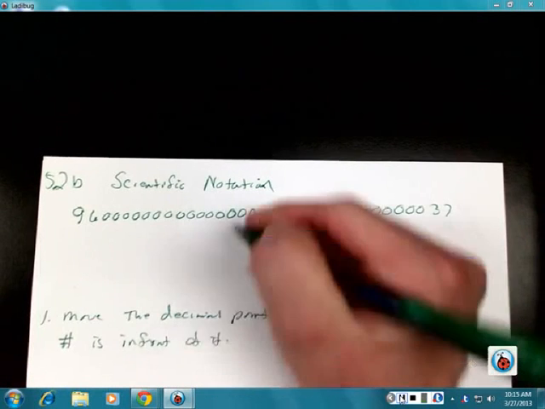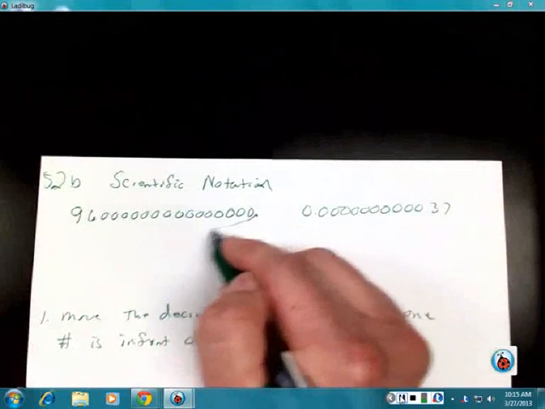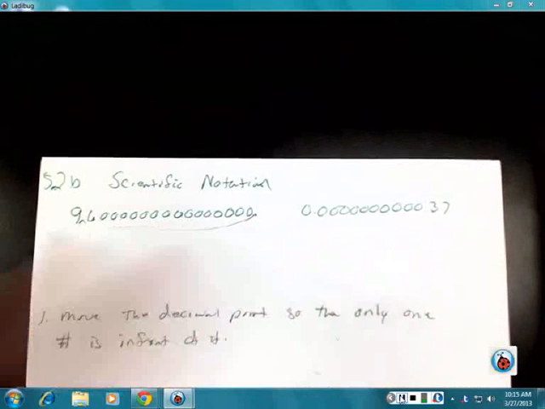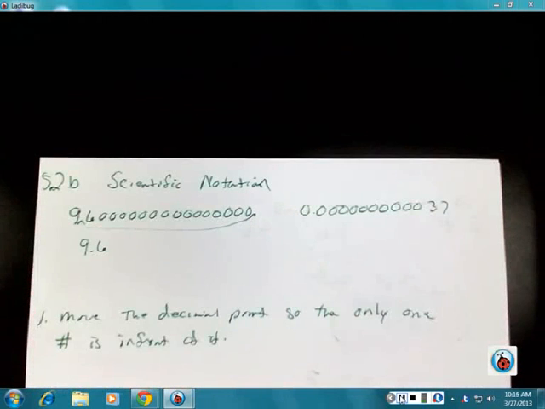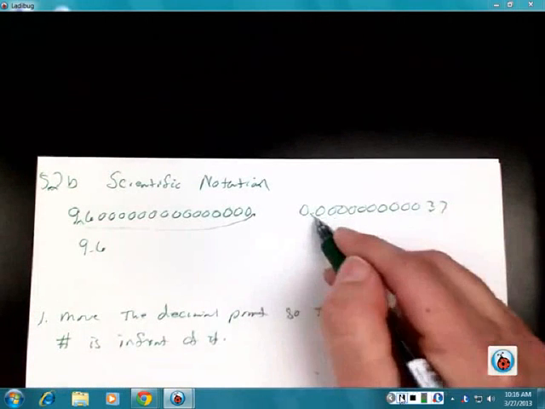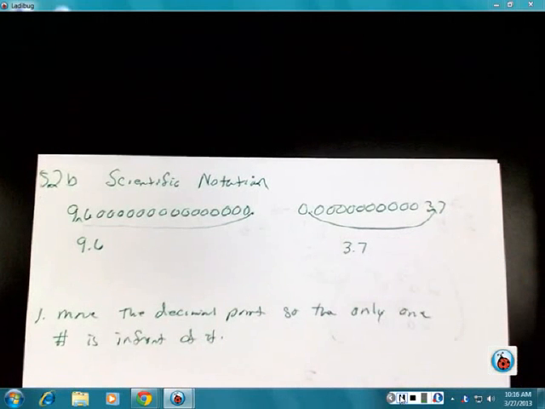At the end, the tail end. I'm going to move it all the way over to there, which leaves me with 9.6. In my decimal, I'm going to move it all the way over here, which leaves me with 3.7. So I have 9.6 and I have 3.7. That's the first step.